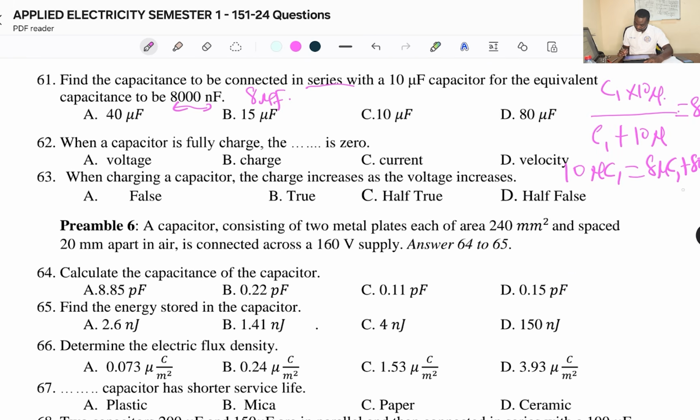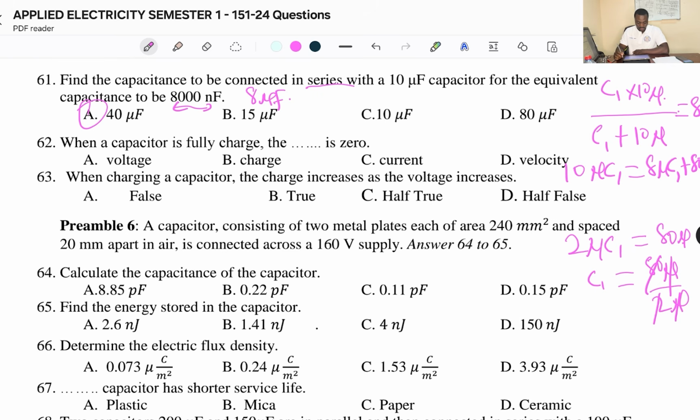With this, we can send this across, and this will just be 2 micro C1, that is equal to 80 micro. So we divide both sides by 2 micro. So the micros go away. So we have 80 divided by 2. Then we end up getting 40. So the answer here will be A.